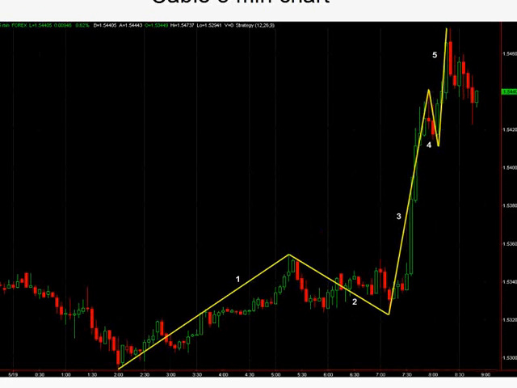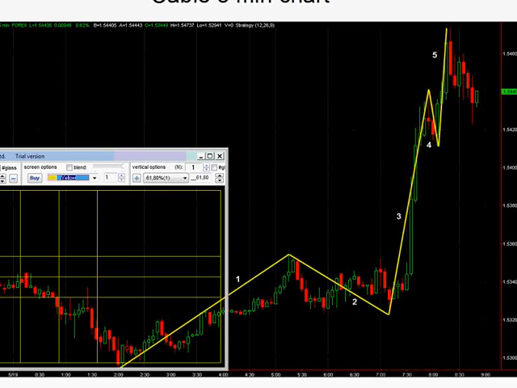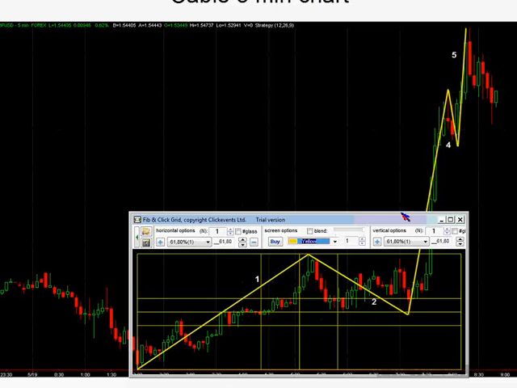I'm putting these waves on, and these waves are now suggesting that what we've got is a clear series of waves. Now I'm just going to put this portable fib grid on. Okay, now hopefully you can see that grid quite happily there.